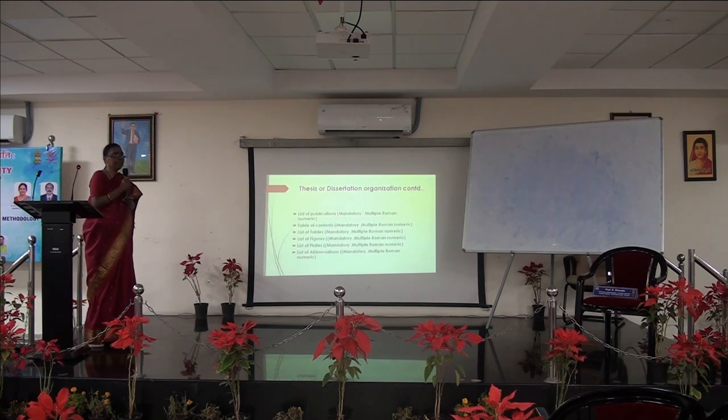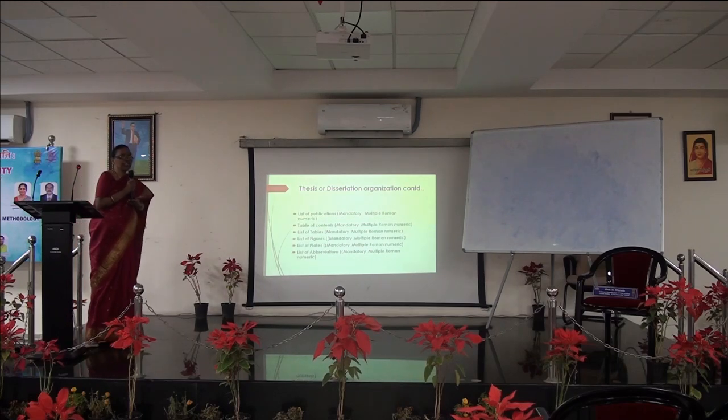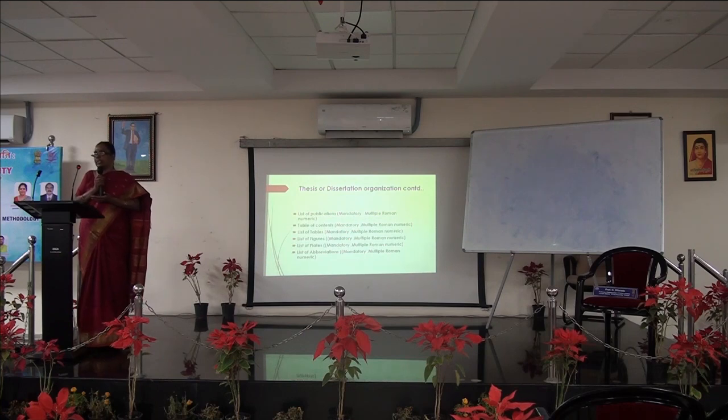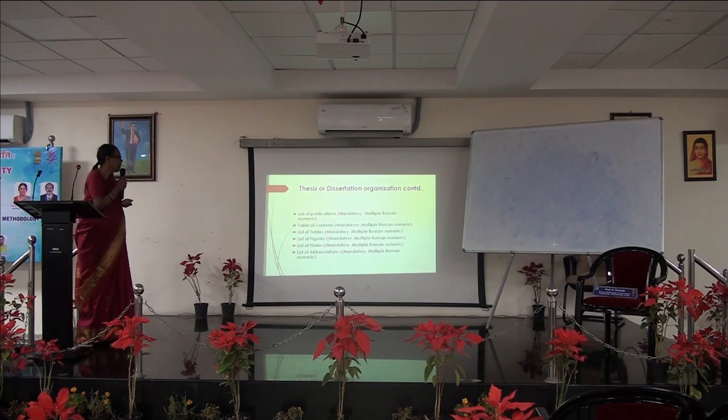List of tables: what tables you have included. Even in the introduction, some people add a table. Even in the review of literature, some tables they may add. So it should be continuous numbers. Table numbers should start from the beginning of the thesis to the end of the thesis, not only for results and discussion. Figures or flowcharts also should be numbered from the beginning. So list of tables, mandatory, multiple Roman numeral.